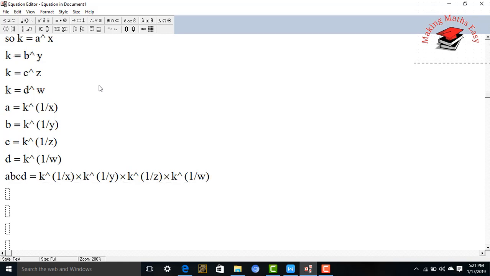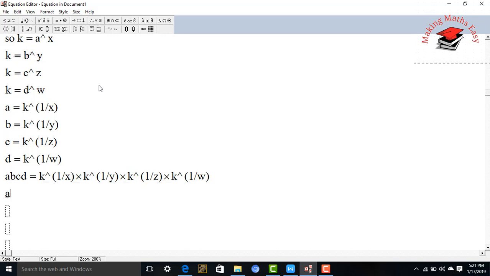Now we have the product of four terms, each with base k, with powers 1 by x, 1 by y, 1 by z, 1 by w.